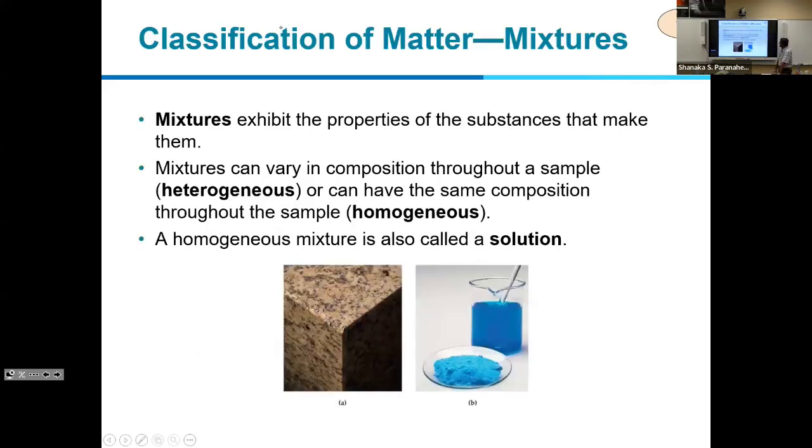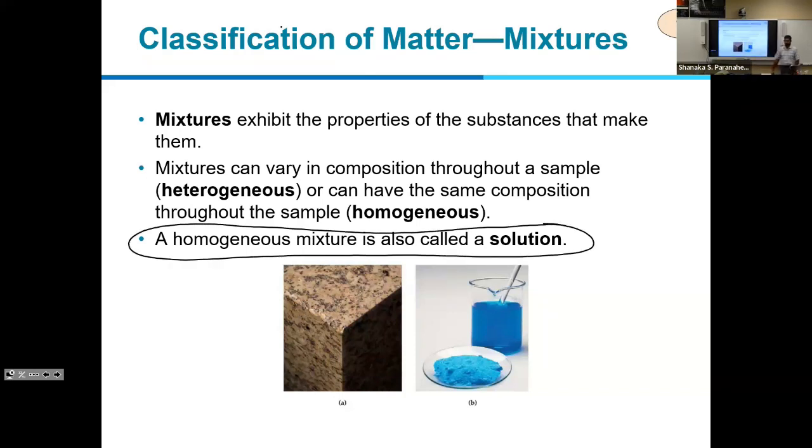Okay, so this is the definition of mixtures. Mixtures exhibit the properties of the substances that make them. Mixtures can vary in composition throughout the sample. There are 2 different types of mixtures, heterogeneous and homogeneous. Also, we consider homogeneous mixtures as solutions. Solutions are not always liquid.